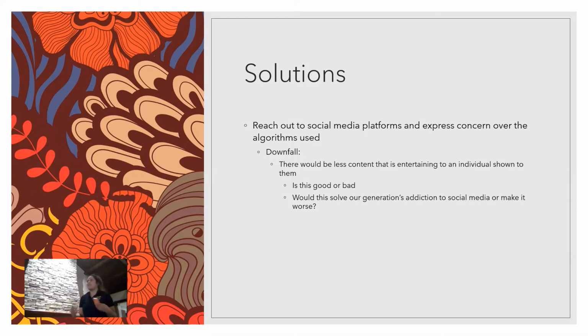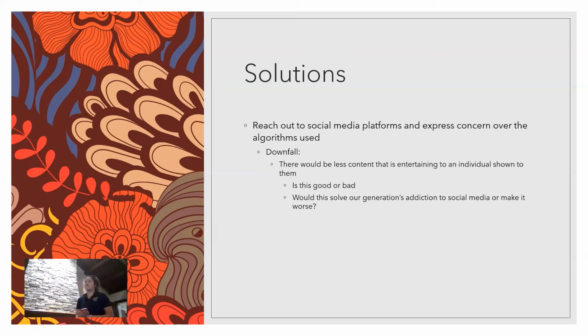So some solutions are to reach out to your social media platforms and express concern over the problems in the algorithm. Now, I know this isn't an extremely solid solution, but there's not really anything else that you can do because the government doesn't have control over these private companies. However, there is a downfall to getting rid of an algorithm.